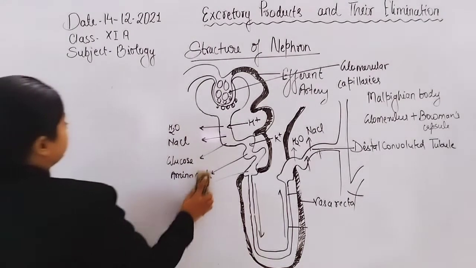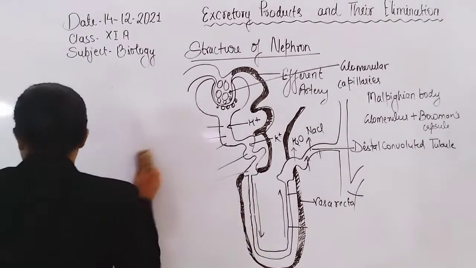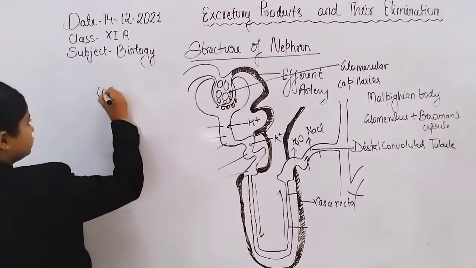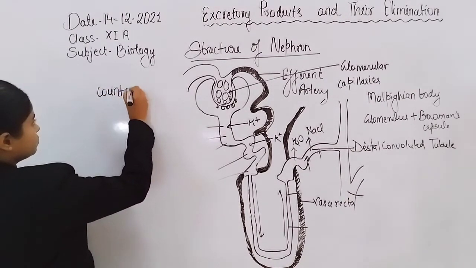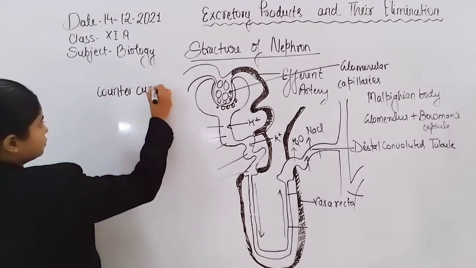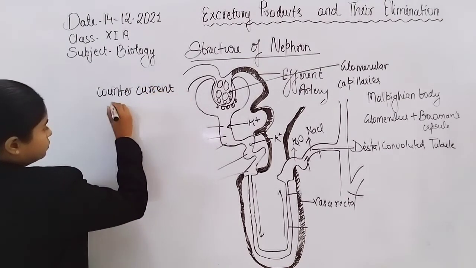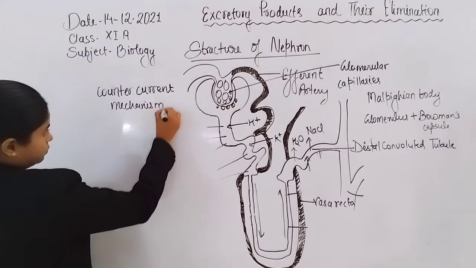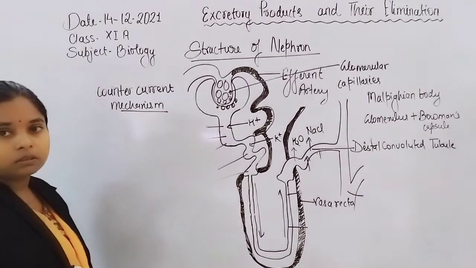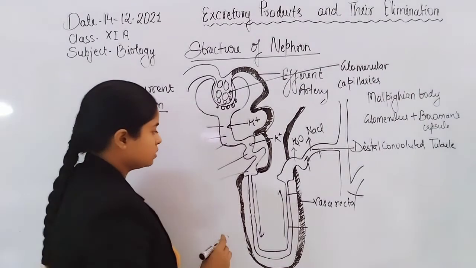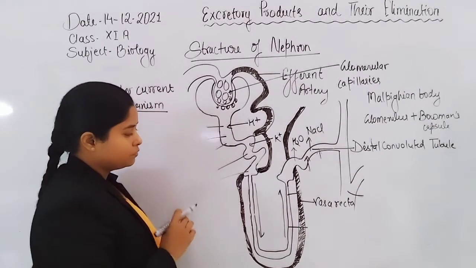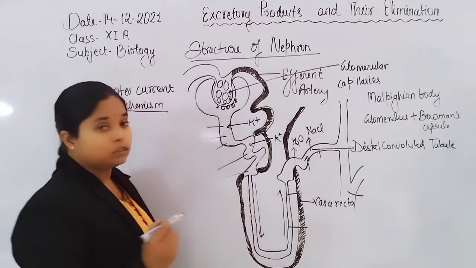What is the countercurrent mechanism? The countercurrent mechanism is a function which plays between the vasa recta and the loop of Henle.